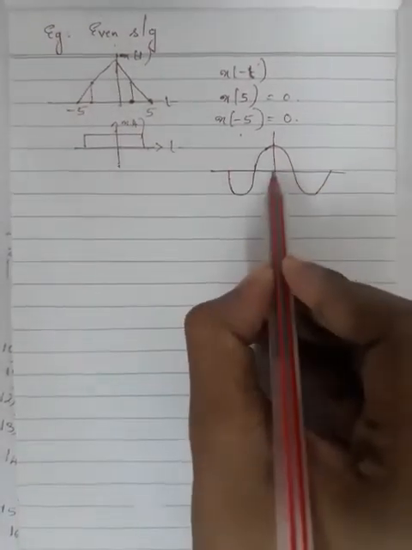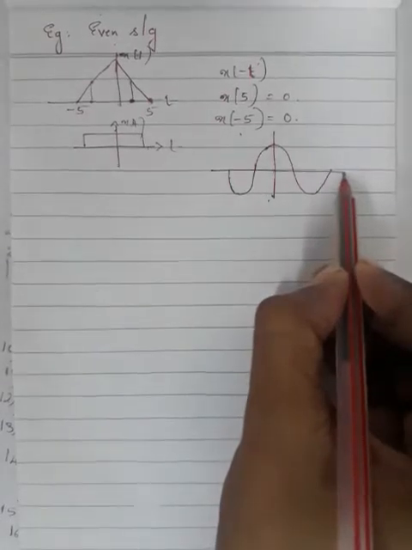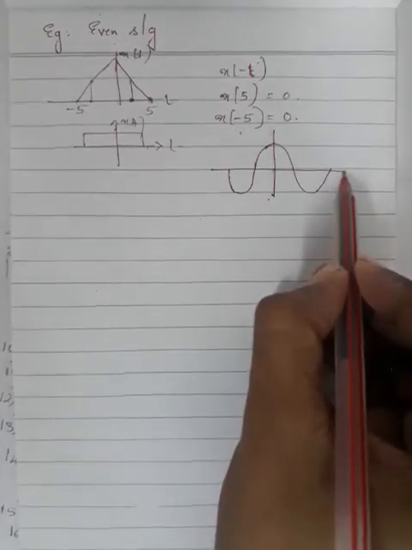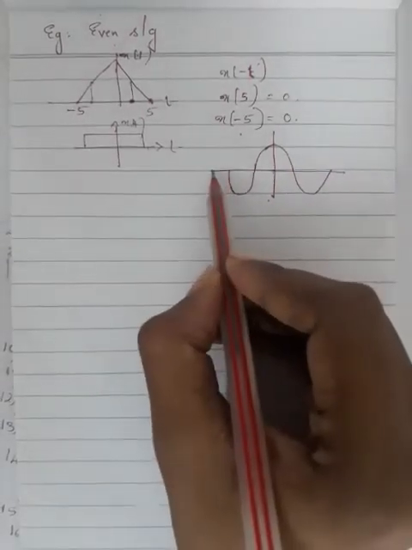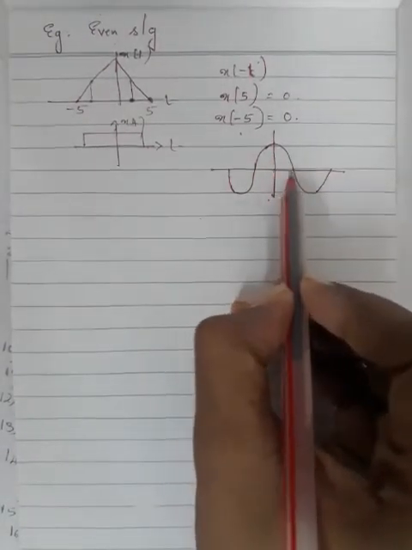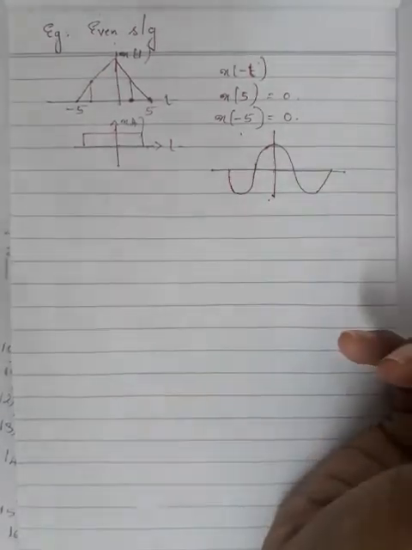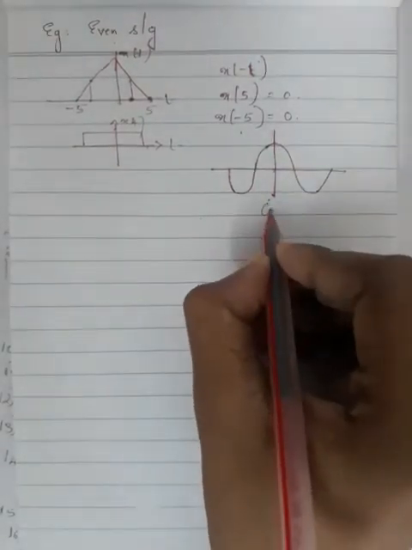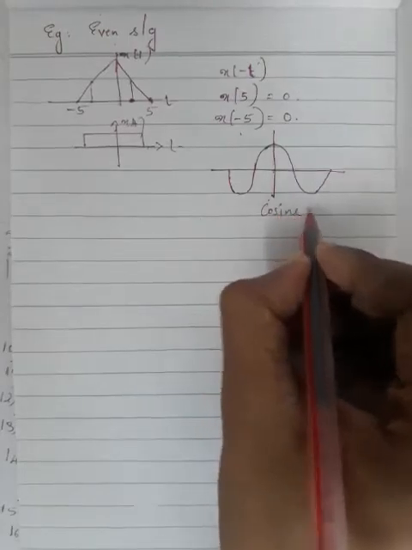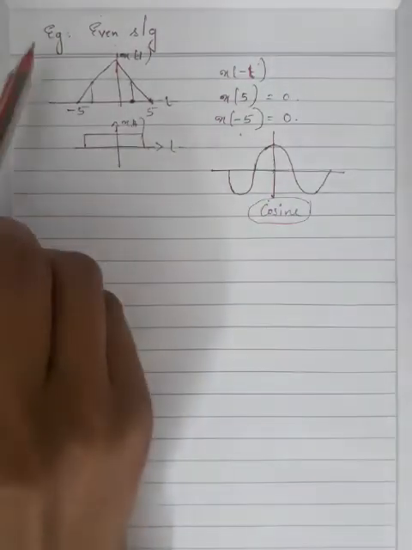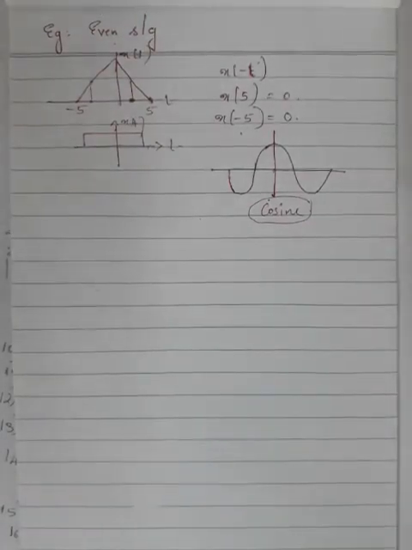If we find any value x of t for positive t, that will be the same as x of minus t. That is why it is said to be an even signal. Here it is a cosine signal. So an example of an even signal is the cosine signal or cos waveform.